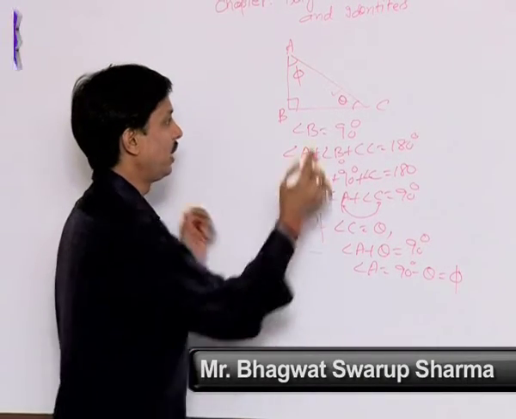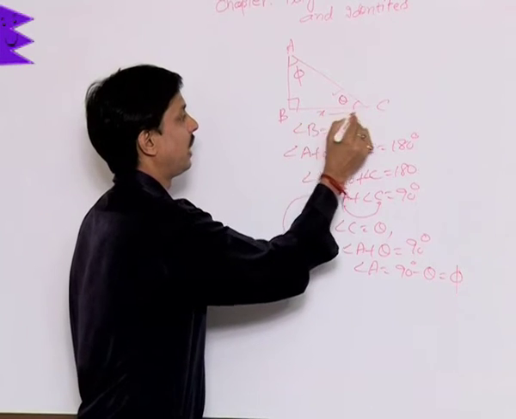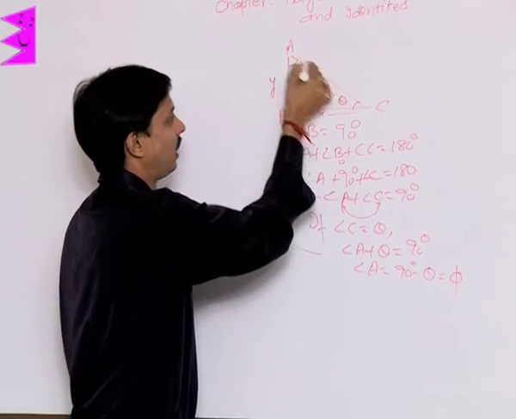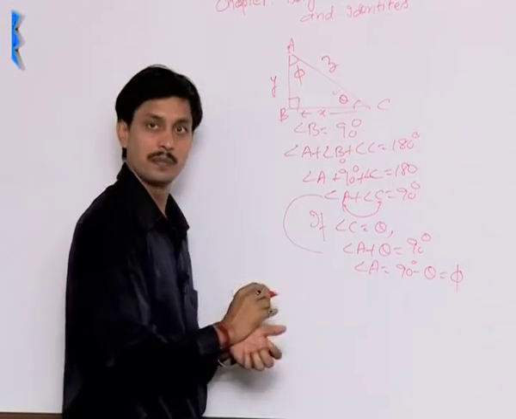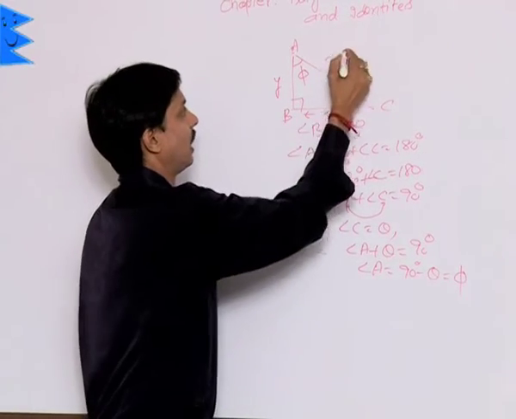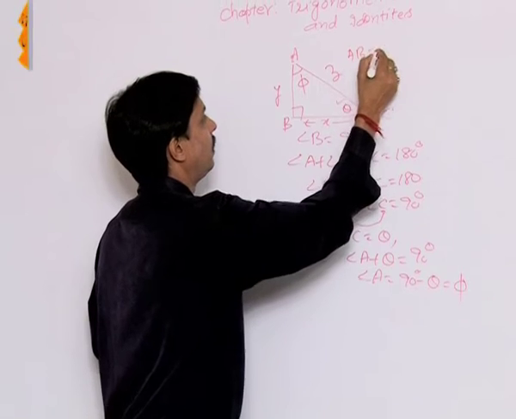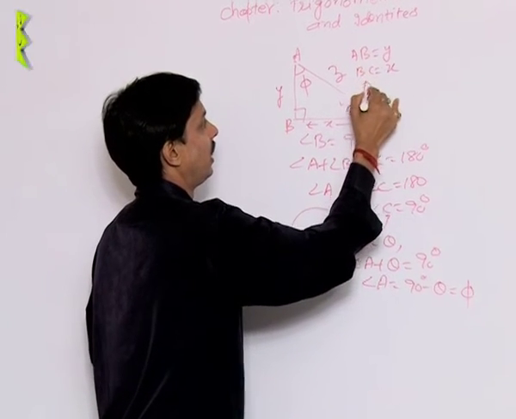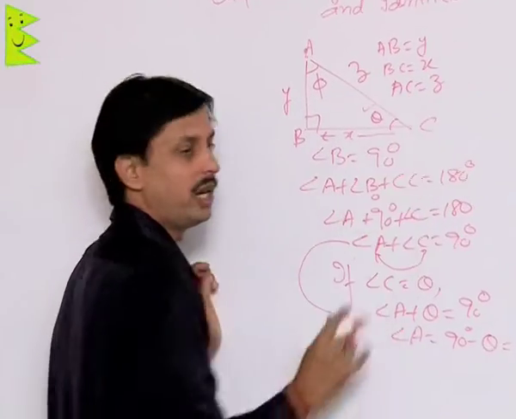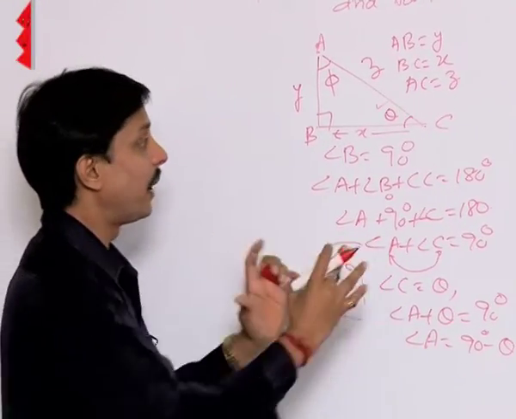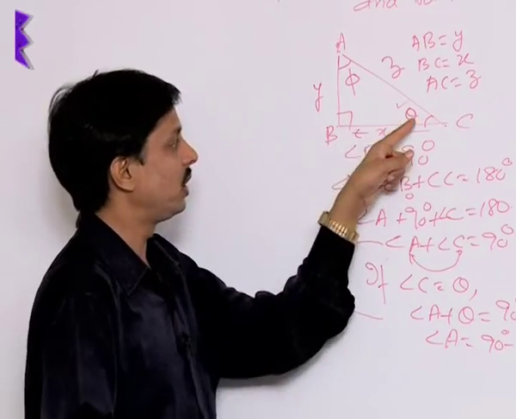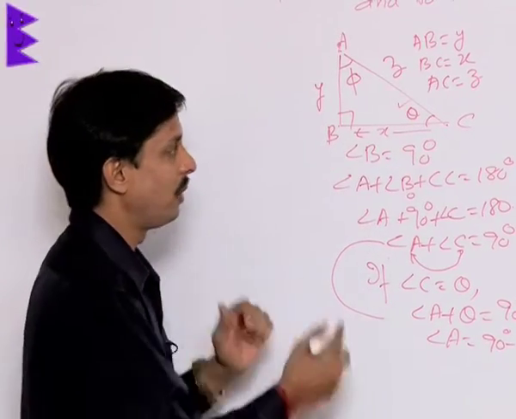I am taking the length BC as x, length AB as y and length AC as z. So I assume AB is y units, BC is x units and hypotenuse AC is z units. Now if I first calculate all the trigonometric ratios in terms of theta, what will be the answer?